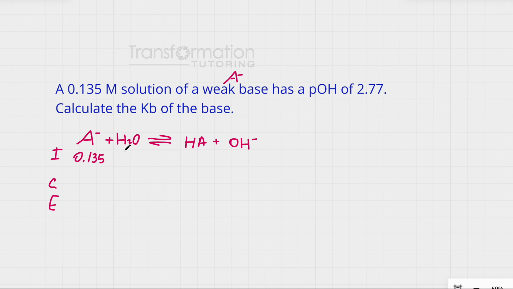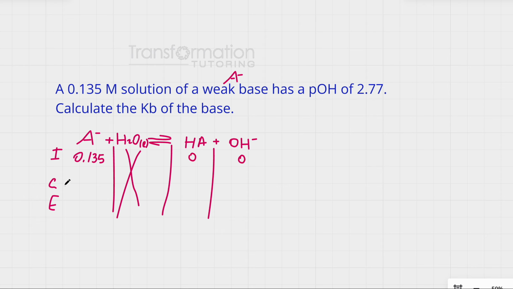Now, because water is a liquid, it is not going to be a part of the ice chart or of our Kb expression. So we do not have any information about HA and OH minus. This only talked about the weak base. Initially we're starting with weak base, and that means these initially are 0.